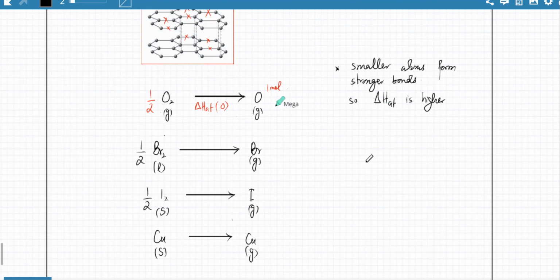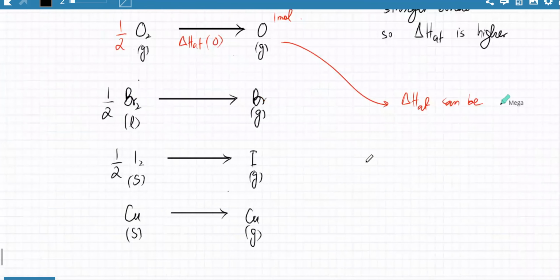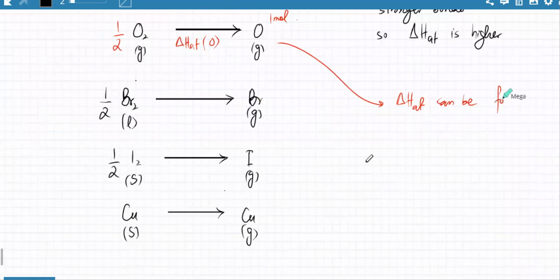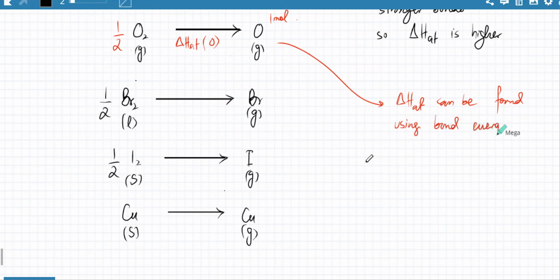For example, in this case, the enthalpy change of atomization can be found using bond energies, if you know exactly how many bonds are being broken.